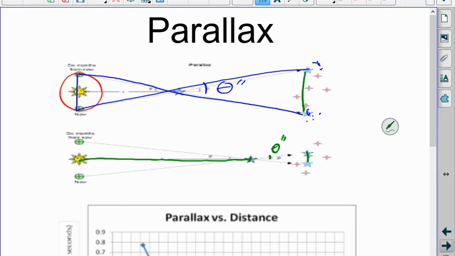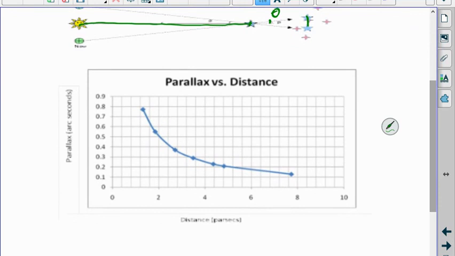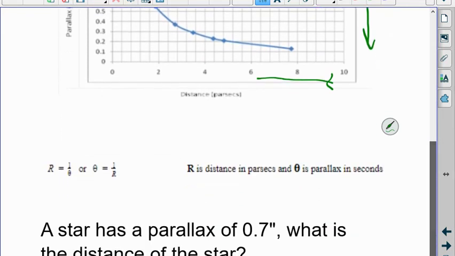But again, you see that the two are in proportion to one another. As the star gets farther, the parallax gets smaller. Once again, an inverse relationship, and the graph kind of shows it right here, that as the distance increases, the parallax decreases, okay?